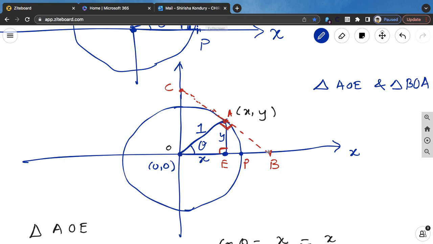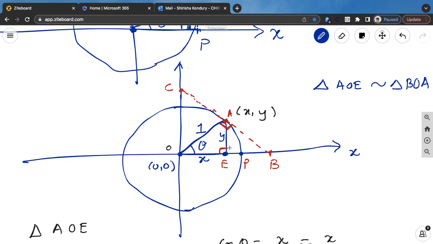AOE and BOA: these two are similar triangles. Both are right angle triangles. Both have one angle equal. So the third angle will always also be equal, and therefore they are similar. If angles are same, then triangles are similar.